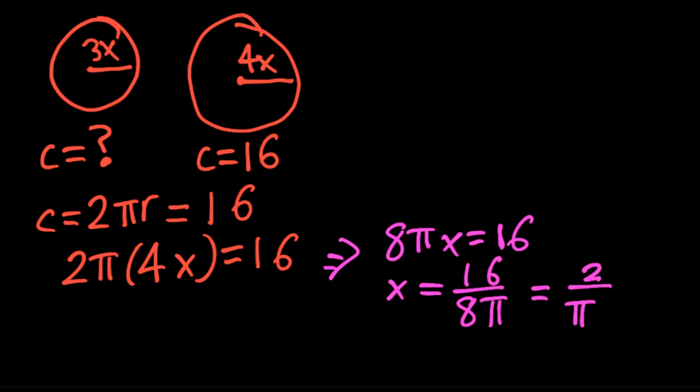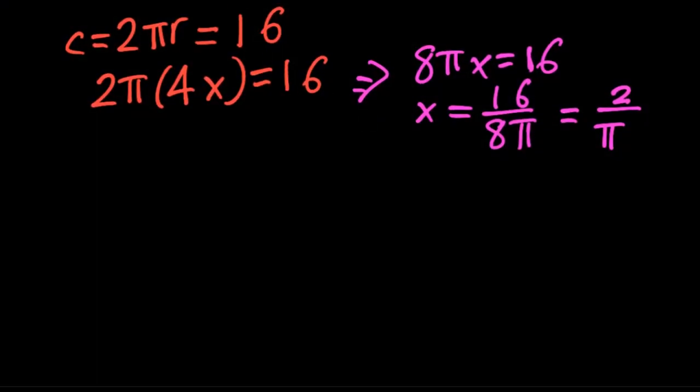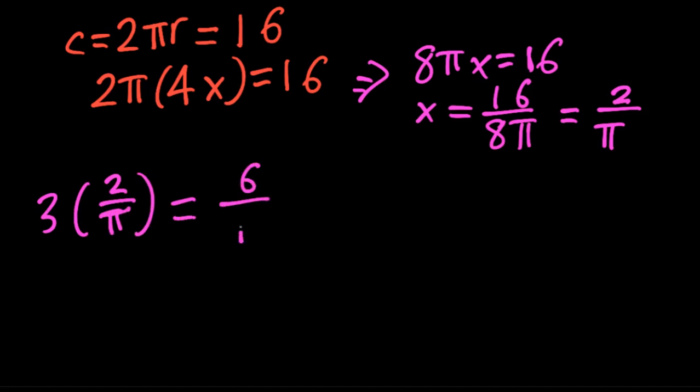Okay, perfect. We have solved x, which means that we can now plug that value in to get the radius of the smaller circle, which is 3x. So to do that, we'll do 3 times 2 over pi, and we will get 6 over pi. Perfect. Okay, and now we can plug that into the original circumference formula, since we have r.